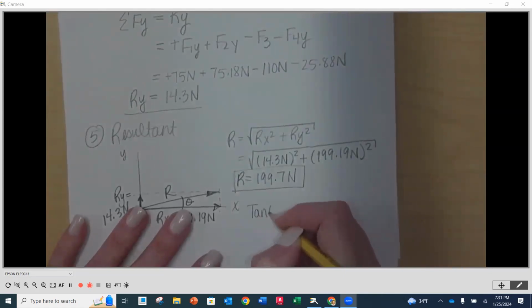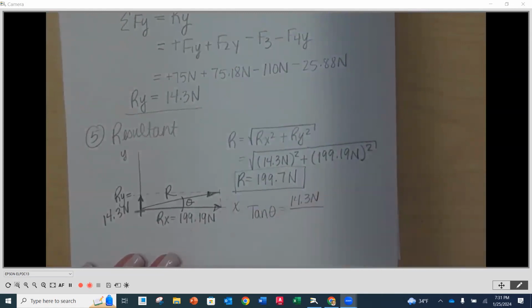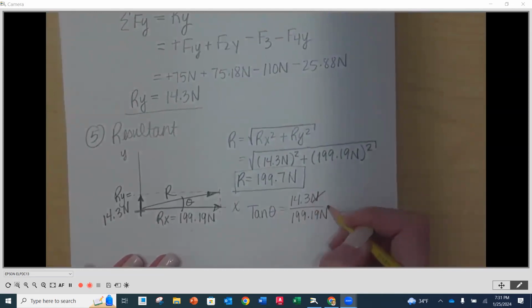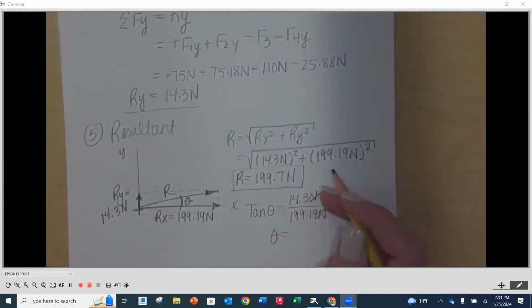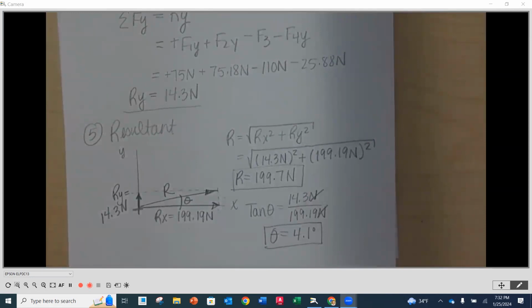So my tangent of theta is going to be equal to my side opposite, which is 14.3 newtons, that Y component, divided by 199.19 newtons. Newtons cancel. We're going to get a decimal here, and then you're going to use your tangent function to find the angle. And the book gets that same number, 4.1 degrees.